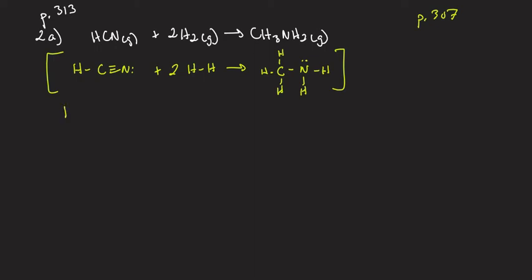Referring to the table, we see that a carbon-hydrogen bond requires 413 kilojoules per mole to break. I'll just continue writing the rest of them here.